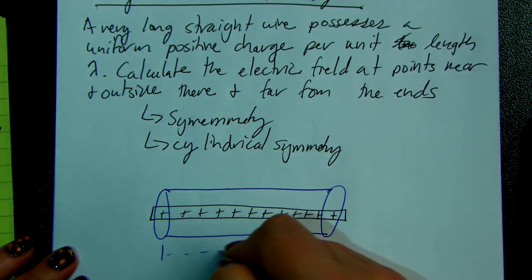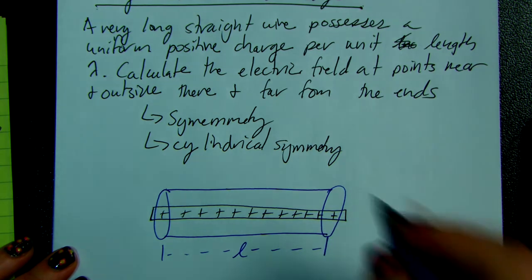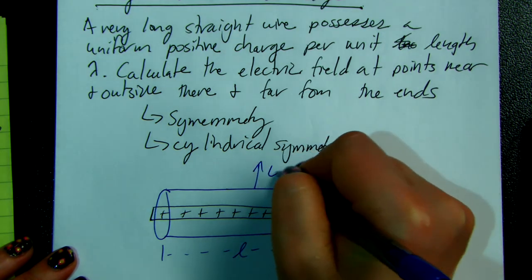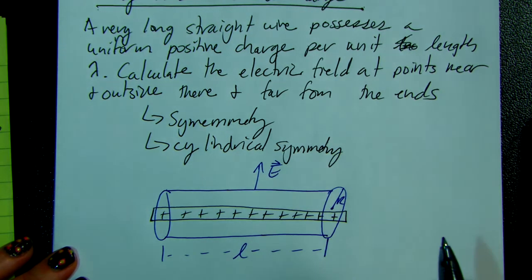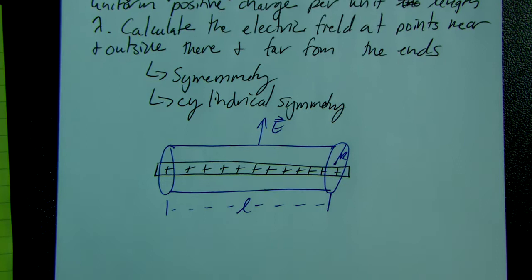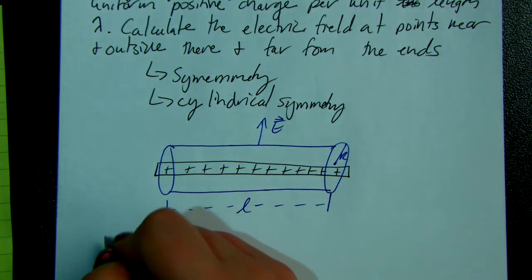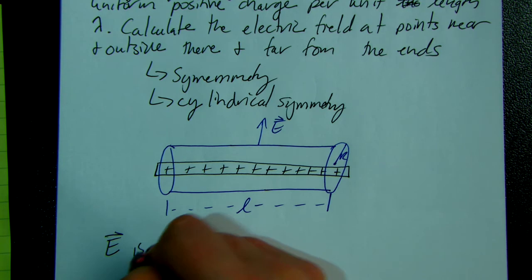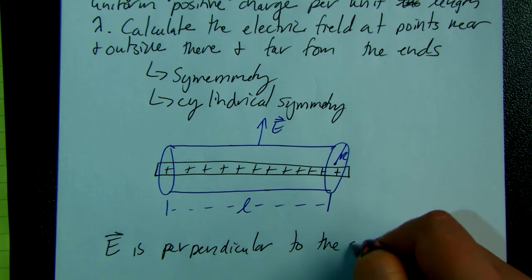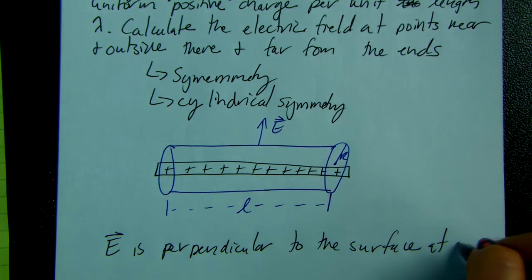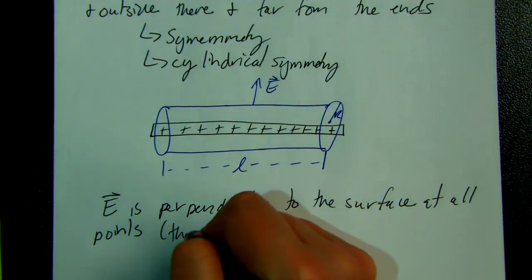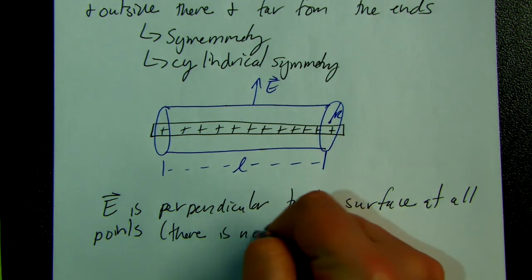So it's going to have length L, and it's going to have some radius R, and we're going to have the electric field. All right, so E is perpendicular to the surface at all points. And there is no flux on the ends.